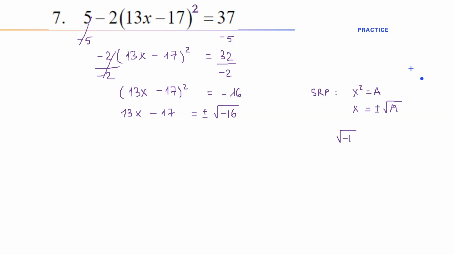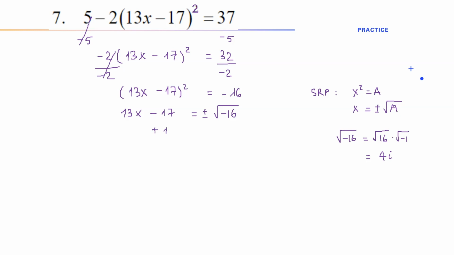The square root of negative 16 is the square root of 16 times the square root of negative 1. The square root of 16 is 4, and the square root of negative 1 is i, so 4i.